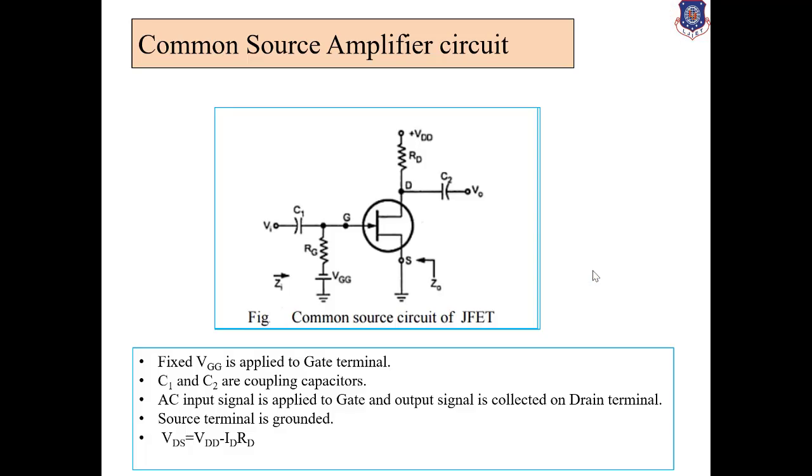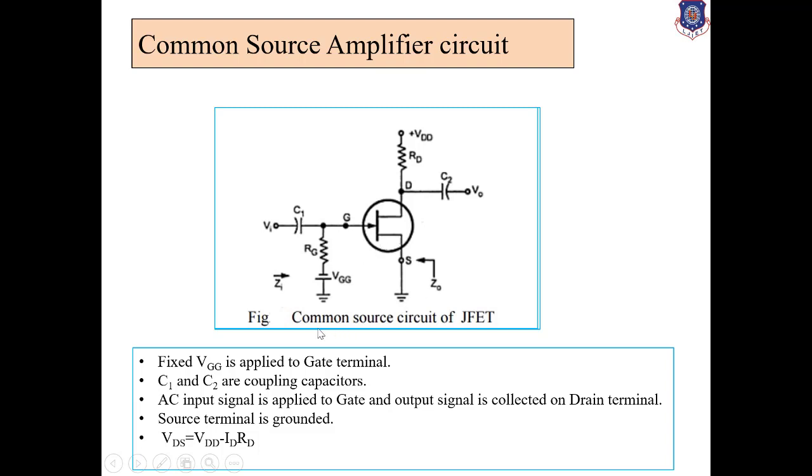Let us continue with the common source amplifier circuit. First of all we should discuss the circuit. From the name we can understand that common source means the source will be grounded. We know that there are three terminals: drain, gate and source. Source is grounded.